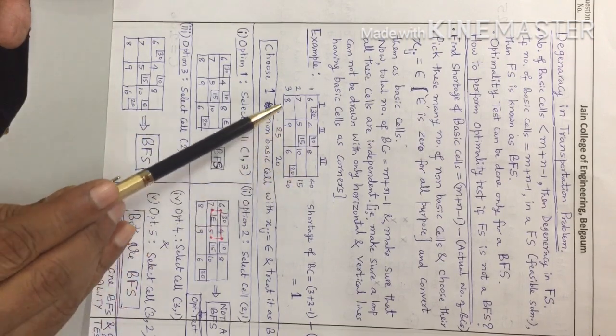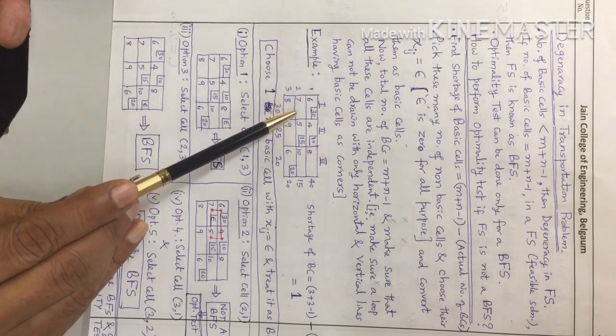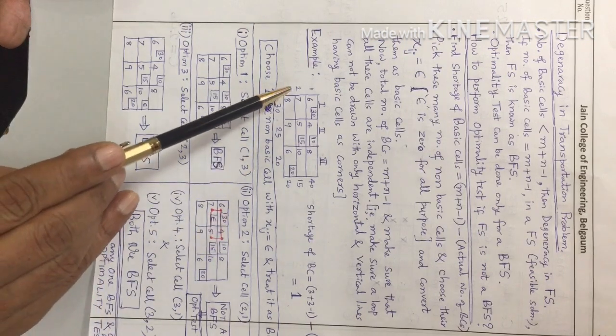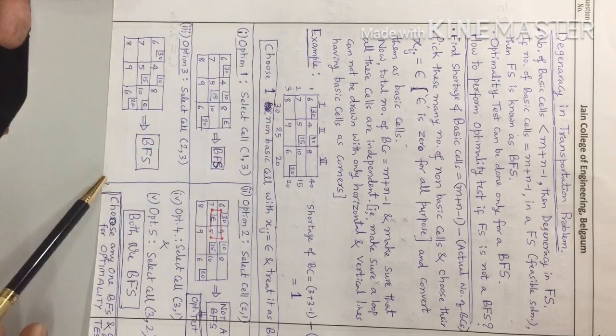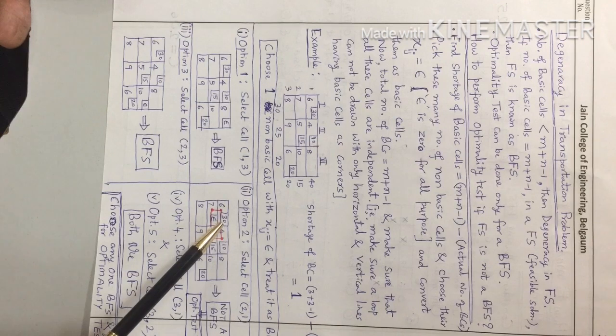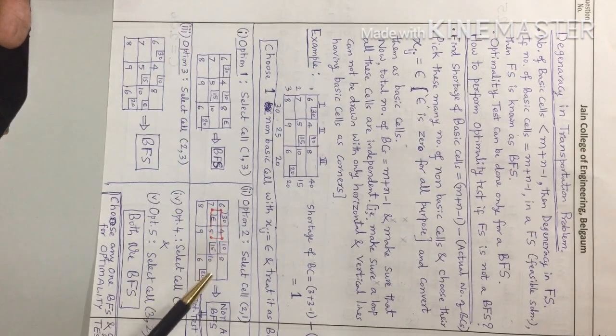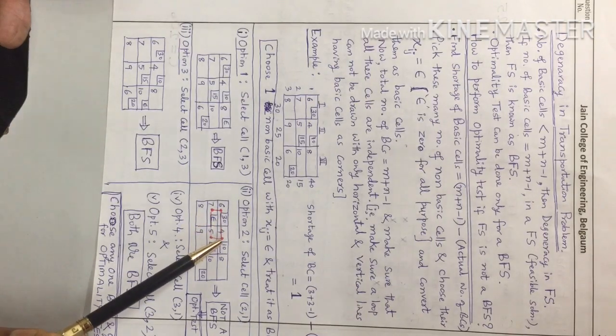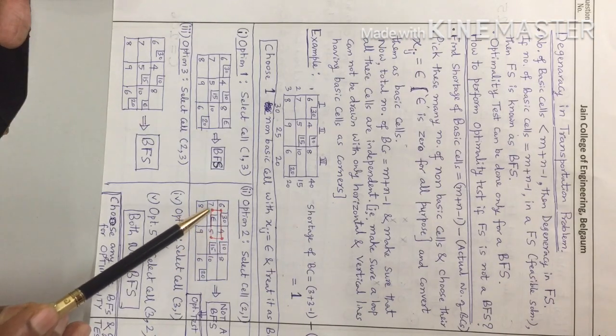I have chosen another option, say for example cell 2,1. Now in 2,1 I have epsilon. The total number of basic cells is now 1, 2, 3, 4, 5. All right, fine. But I have shown here that if I start from this epsilon, I draw a vertical line to a basic cell, then a horizontal line to a basic cell, a vertical line to another basic cell, and a horizontal line.